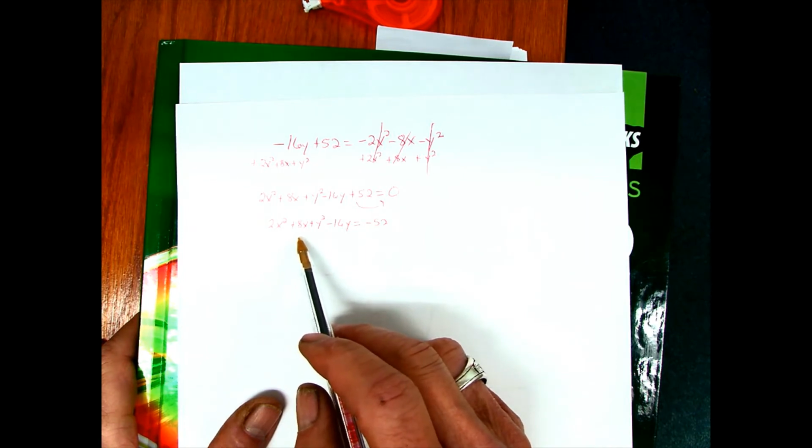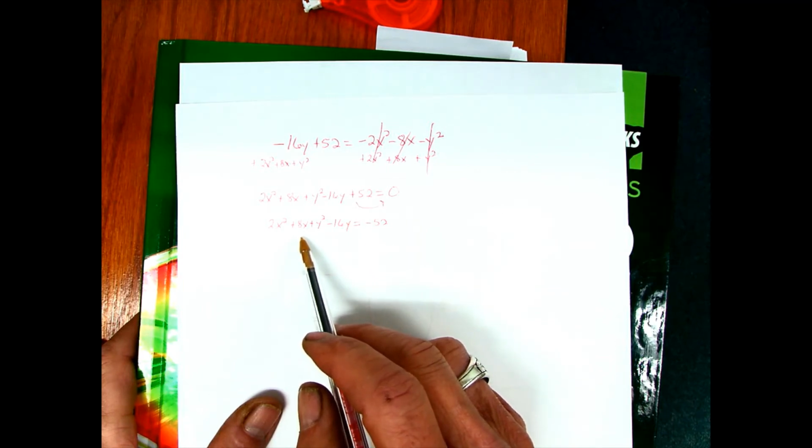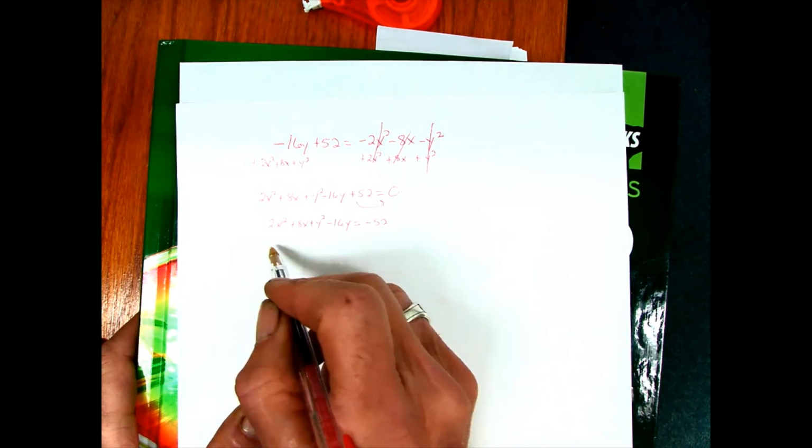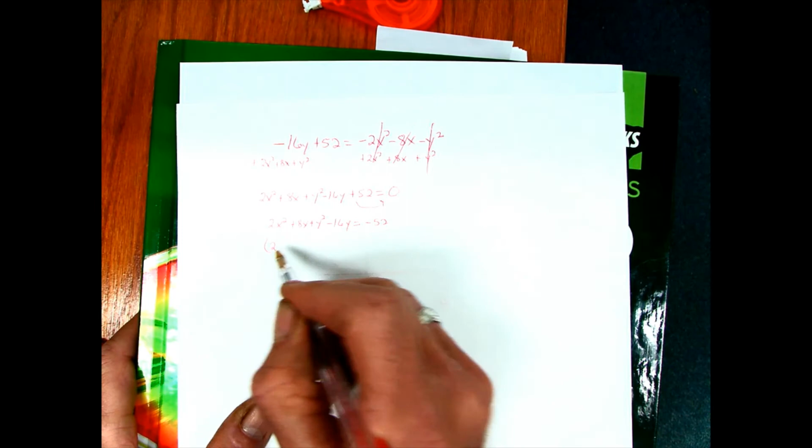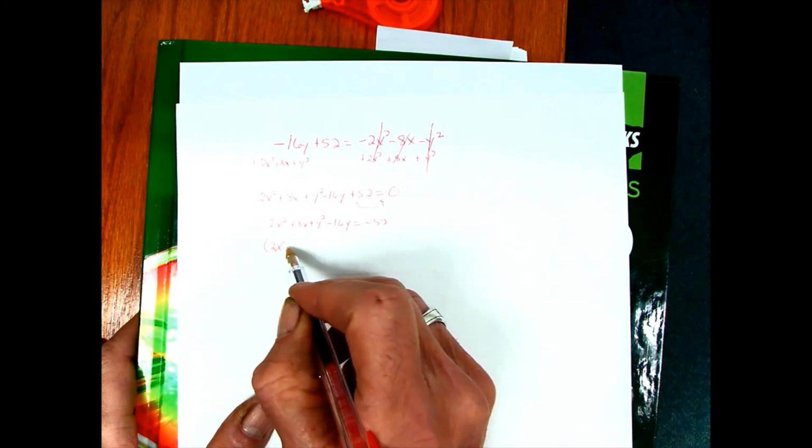At this point, we need to start completing squares. That's right. That's what I said. Complete the square. For a moment, I'm going to separate the x's and the y's.